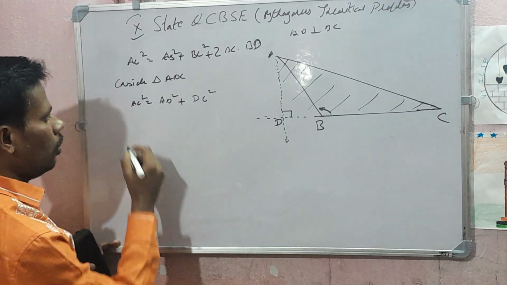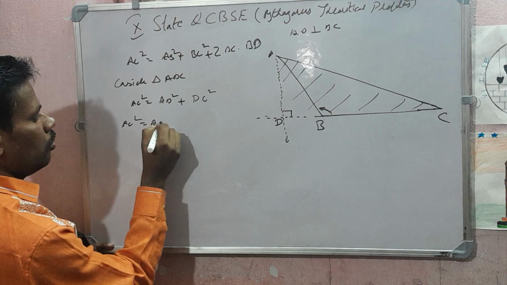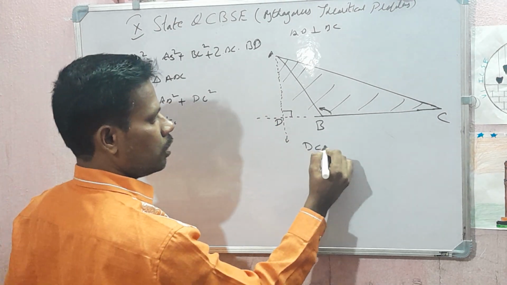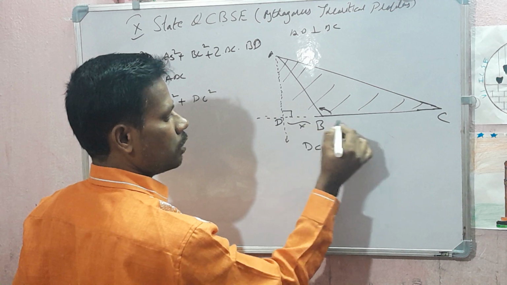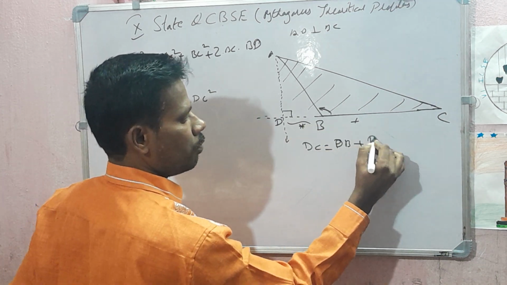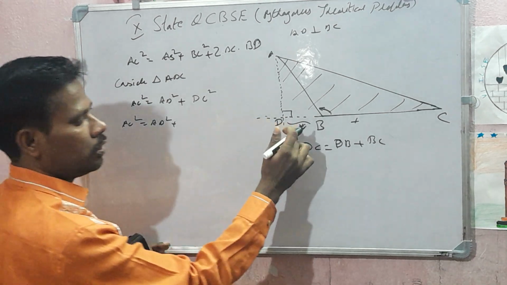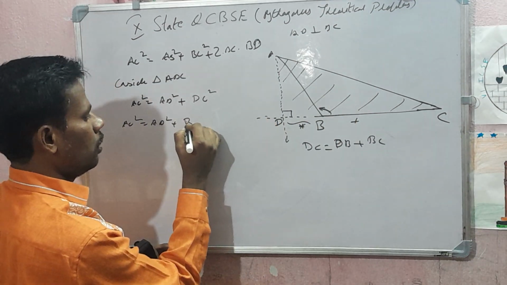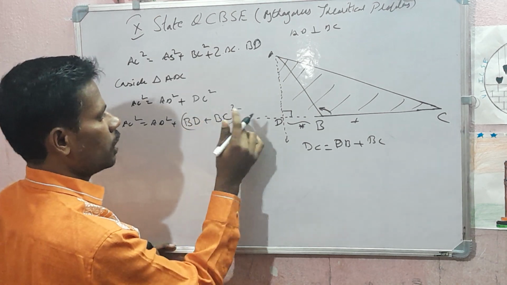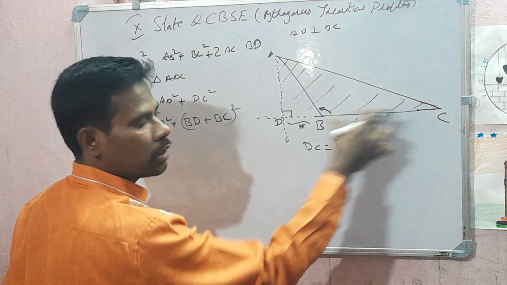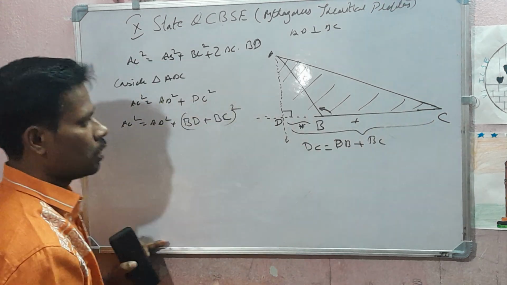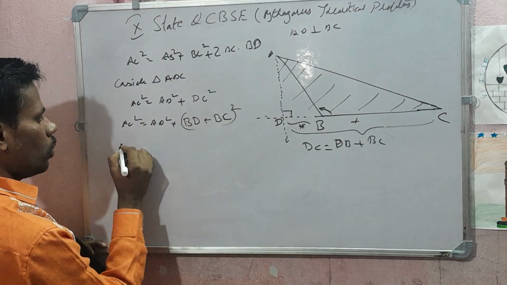Now, DC length is nothing but DB plus BC. How will you get this total length? DB plus BC.